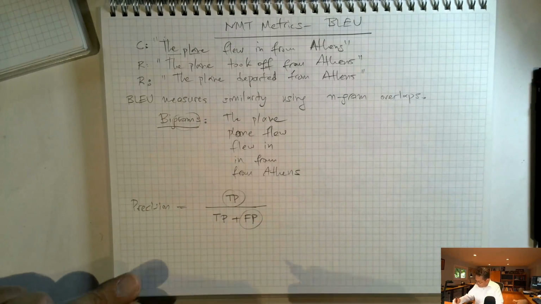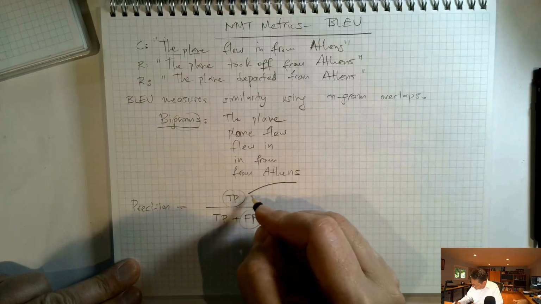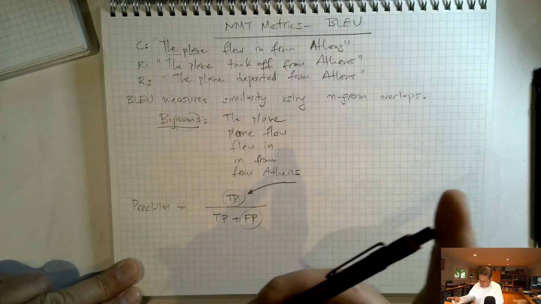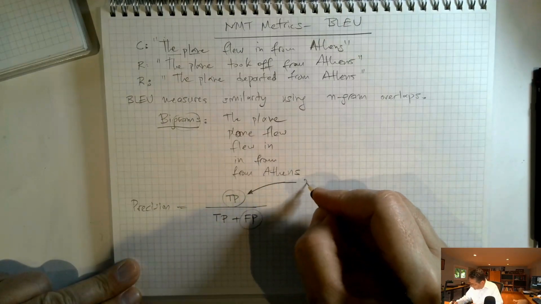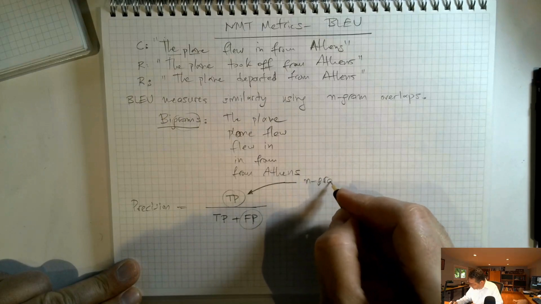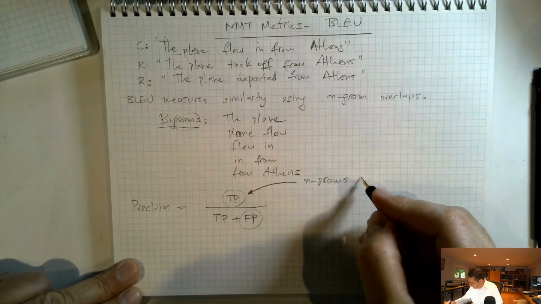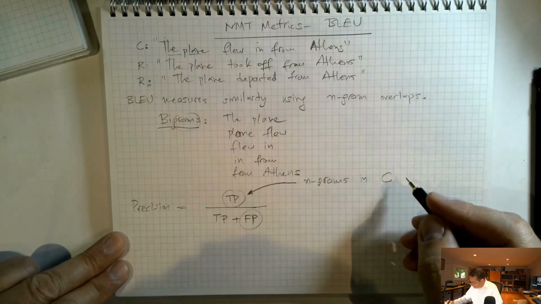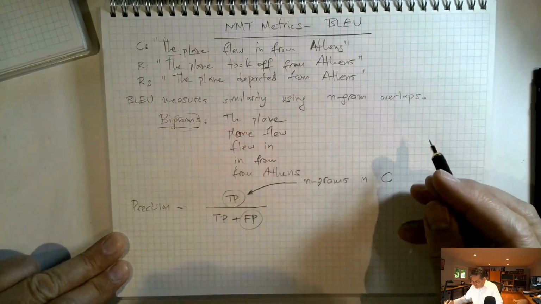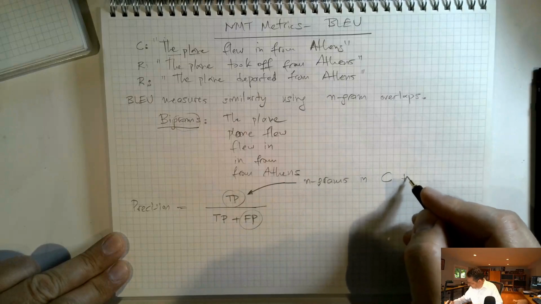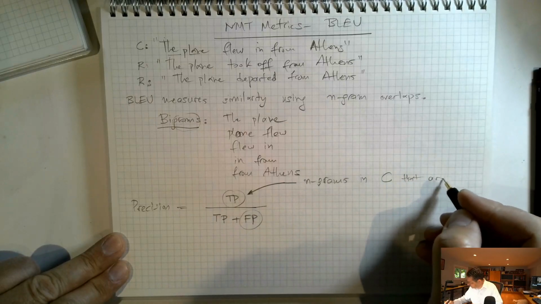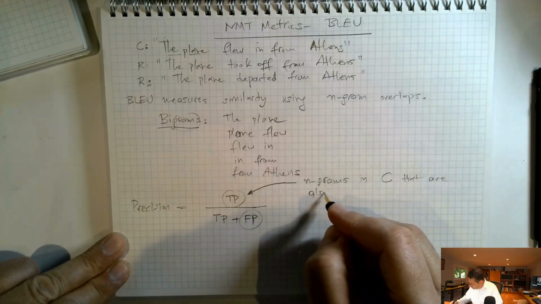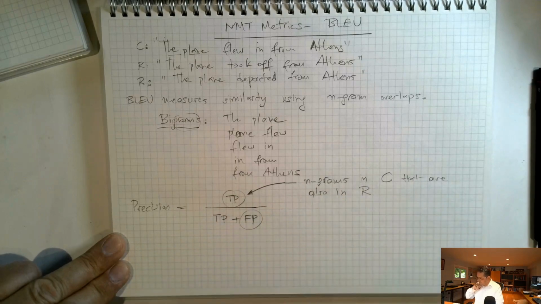So the true positives are going to correspond to the following. There are in general n-grams in the candidate sentences, we only have here one candidate, that are also in reference sentences.